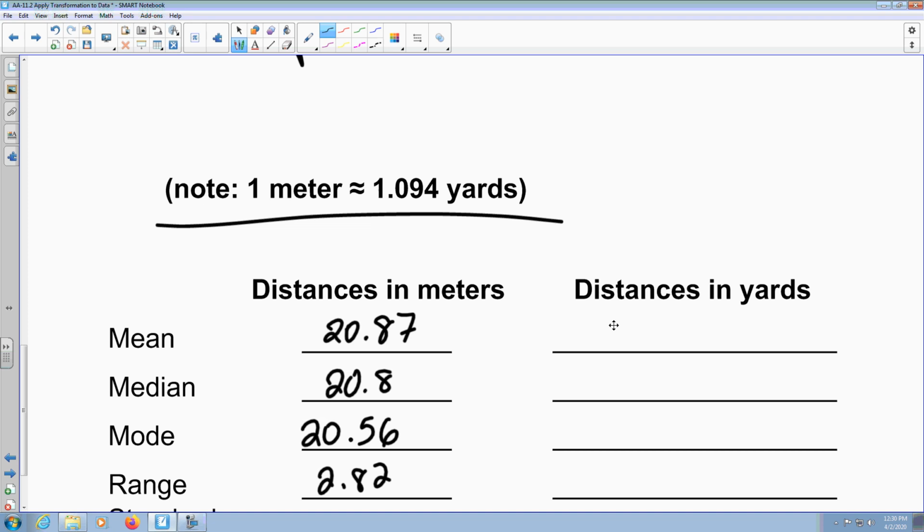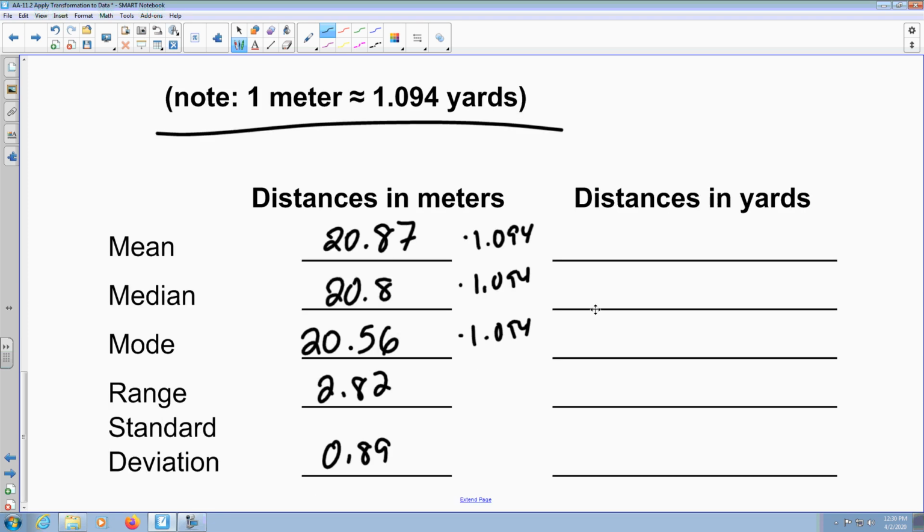So all we're going to do is multiply every piece of data that we have found by 1.094, and we're going to get our mean, median, mode, range, and standard deviation of those distances in yards.